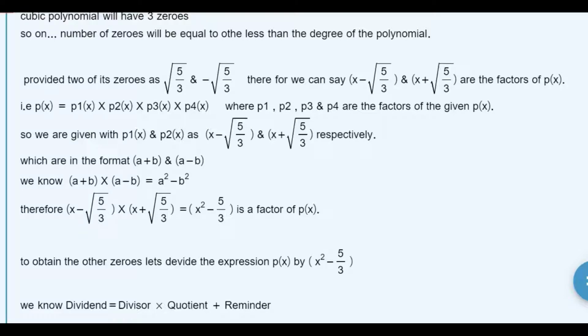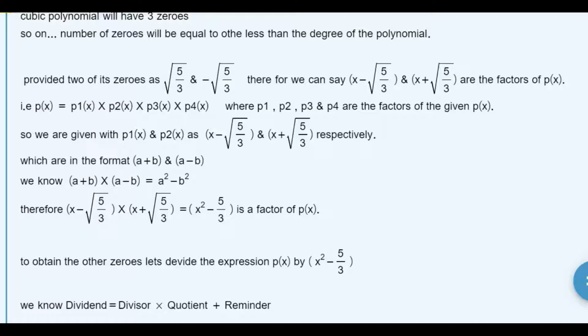From the given two zeros, that is root of 5 by 3 and minus root of 5 by 3, we can say x minus root of 5 by 3 and x plus root of 5 by 3 are the two factors of p of x. Usually we derive the zeros from the factors of p of x. What are factors? Factors are nothing but when we multiply all the factors of the given expression, we end up getting the expression.